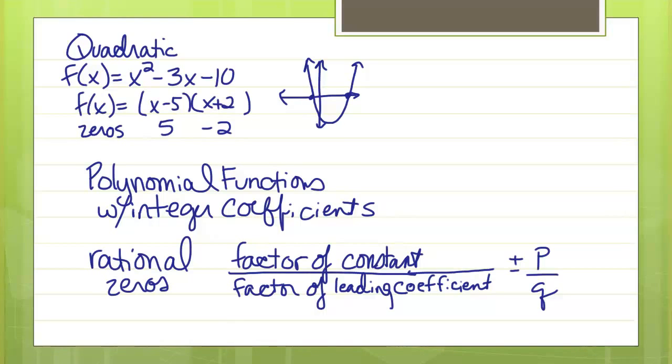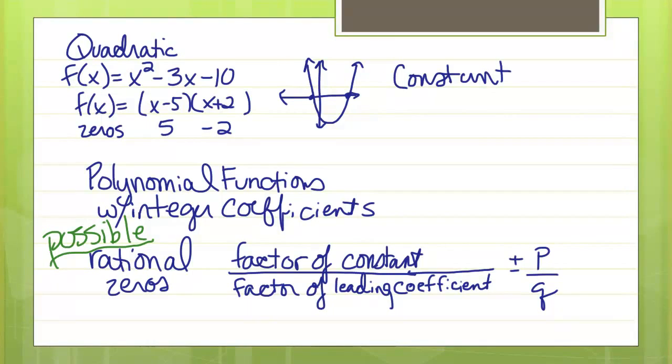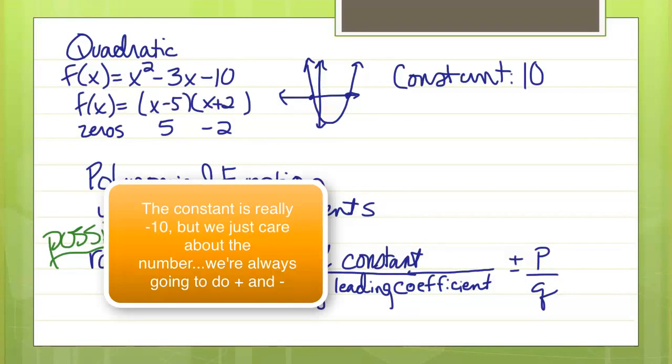and when I say rational zeros, very important, I'm going to sneak a word back in there. These are the possible rational zeros, right? So it's not that all of those things are going to work, but to find the possible rational zeros, if I look at my previous function I talked about, our constant is 10, so the factors are 1, 2, 5, and 10, and the leading coefficient is 1.